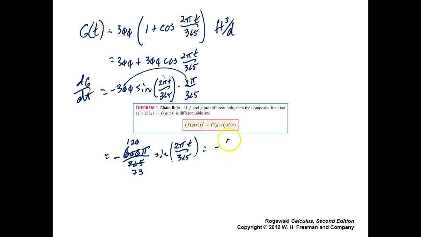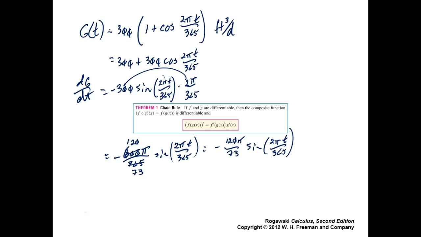So it'll be minus 120 pi over 73 times the sine of 2 pi t over 365. So that's your derivative. That's the time rate of change of your gas usage of the year.